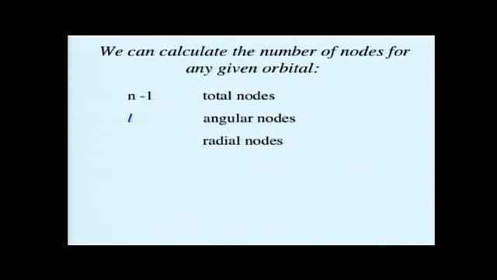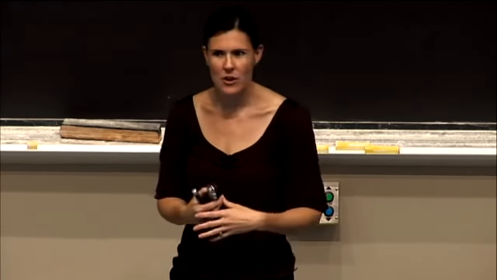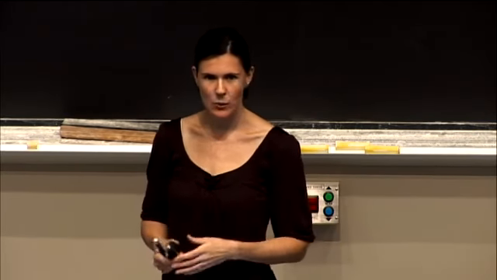And when we talk about angular nodes, the number of angular nodes we have in an orbital is going to be equal to L. That's why we saw, for example, in the p orbitals, we had one angular node in each p orbital, because L is equal to 1 there.